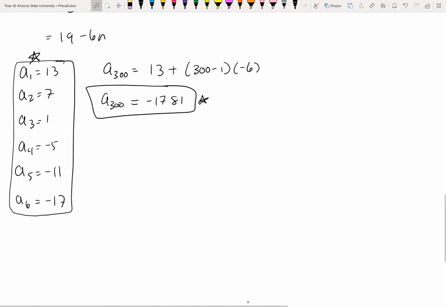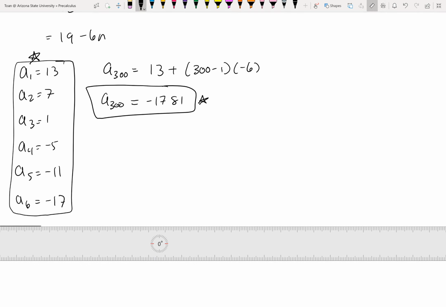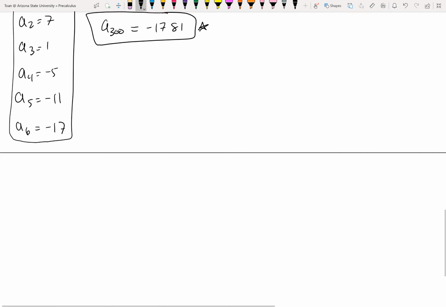Alright, let's take a look at this next example here. I want to do this next example to showcase that although we do have formulas, we don't have to be reliant. You can, but we don't have to be reliant with it. Let's take a look at this guy here.